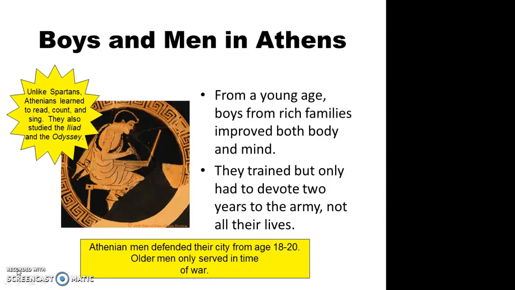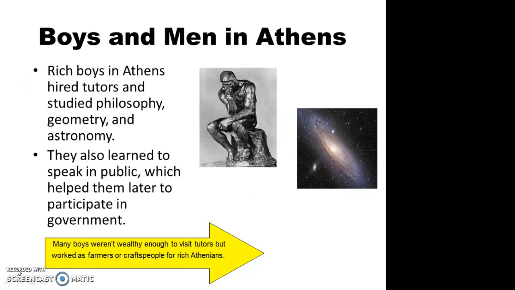From a young age, boys from rich families improved both body and mind in ancient Athens. They trained and devoted only 2 years of their lives to the army, not their whole life. Rich boys in Athens had tutors, such as guys like Plato and Aristotle. They learned to speak in public. We call this oratory. They helped to participate in government.